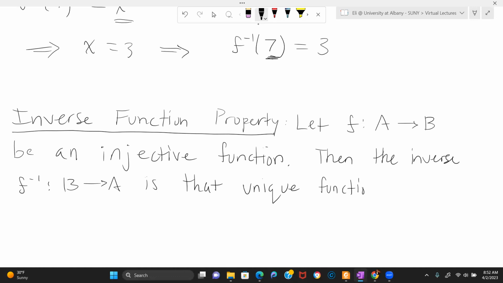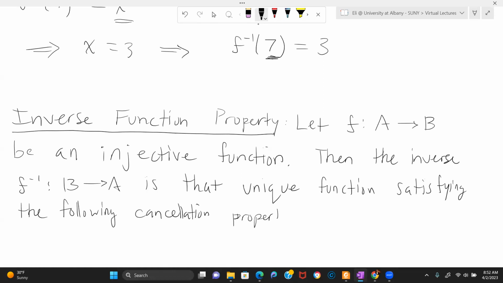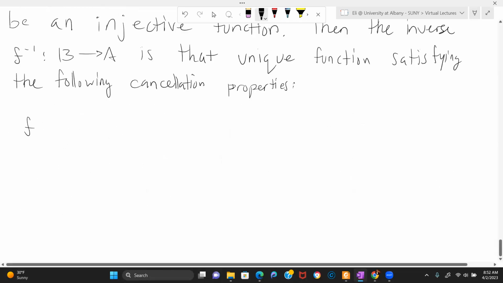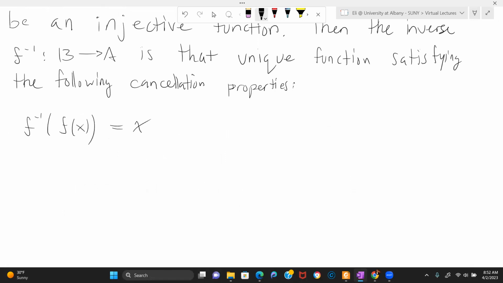That unique function satisfying the following cancellation properties. So we have f inverse composed with f of x is equal to x, and that's for all x in A. So notice this is one condition.